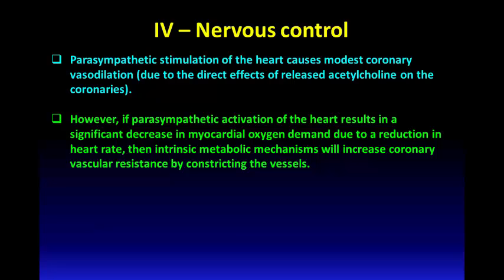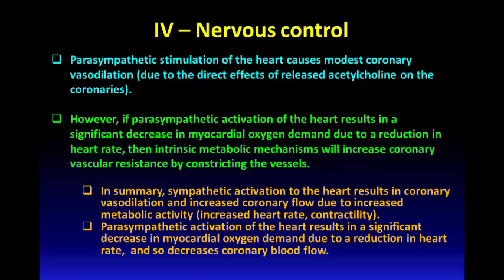However, if the parasympathetic activation of the heart results in a significant decrease in myocardial oxygen demands as a result of reduction in the heart rate, then intrinsic metabolic mechanisms will increase coronary vascular resistance by constricting the coronary blood vessels. In short, sympathetic activation to the heart results in coronary vasodilatation and increased coronary blood flow due to the increased metabolic activity as a result of the increased heart rate and increased myocardial contractility.